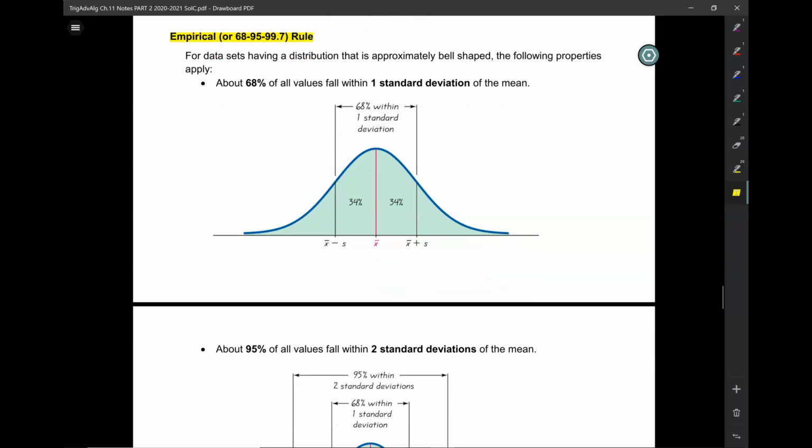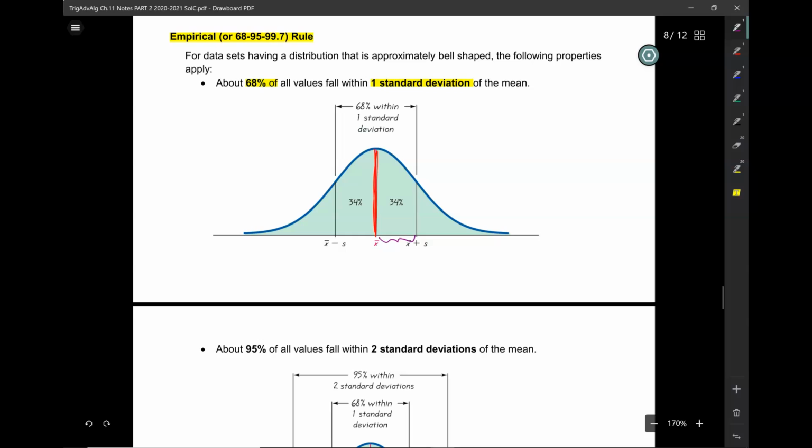So for normal distributions, here's what happens. No matter how many people are in your data set, 68%, that's the first number, of all values fall within one standard deviation of the mean. So this is the mean. Let's say the standard deviation for this one is 3 inches, like we said before.